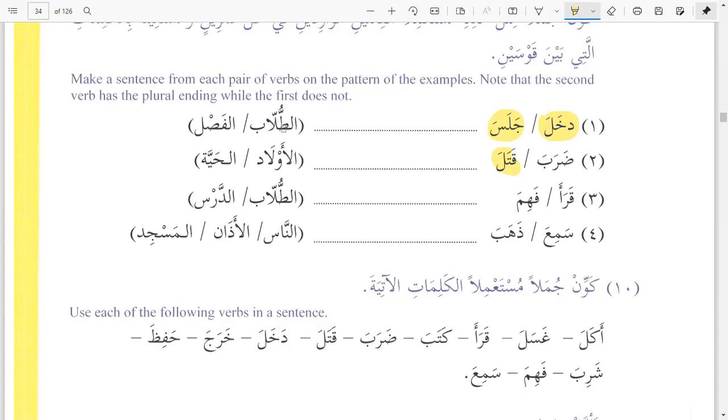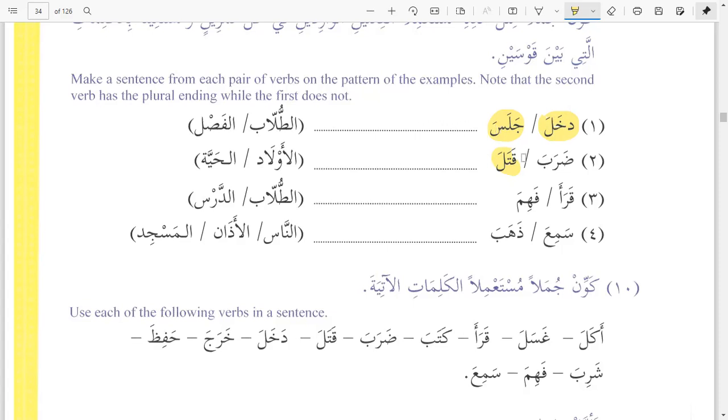And jalasa will be jalasu. Dakhalat tulabul fasli, the students entered the class. Wa jalasu, and they sat.